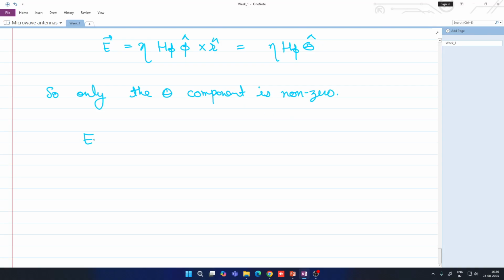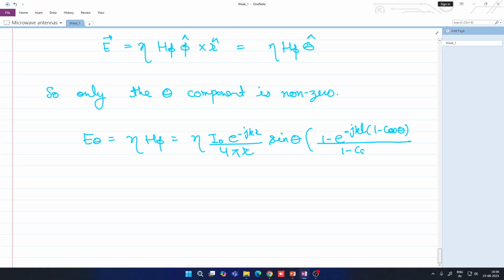E theta equals eta H phi, which is eta times I naught e to the power minus jkr divided by 4 pi r into sin theta into 1 minus e to the power minus jkL into (1 minus cos theta) divided by 1 minus cos theta, and Er and E phi are all 0.